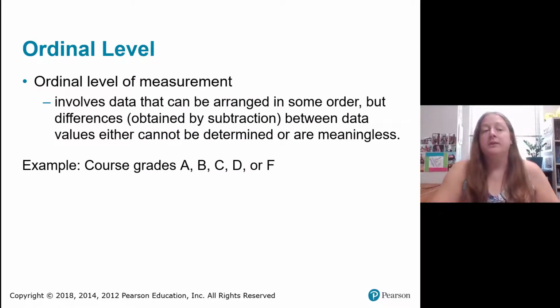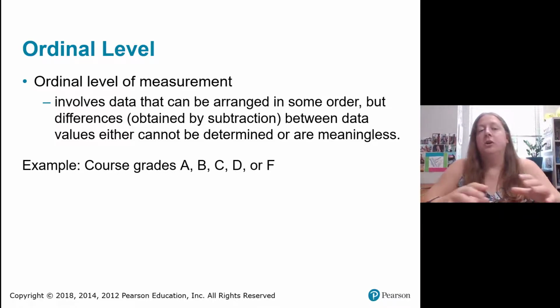At the ordinal level, now we have data that, again, still fits into boxes, but the order matters. So things like alphabetical order, like A, B, C, D, E, F, like course grades come that way. Or you might have people lining up in line where you have first in line, second in line, third in line, fourth in line, those types of things, ordinal data.